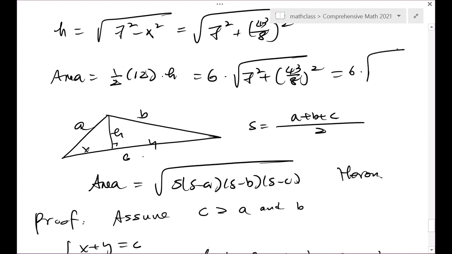Yeah, 49 times 64 plus 43 times 43. This is 4985 over A squared.